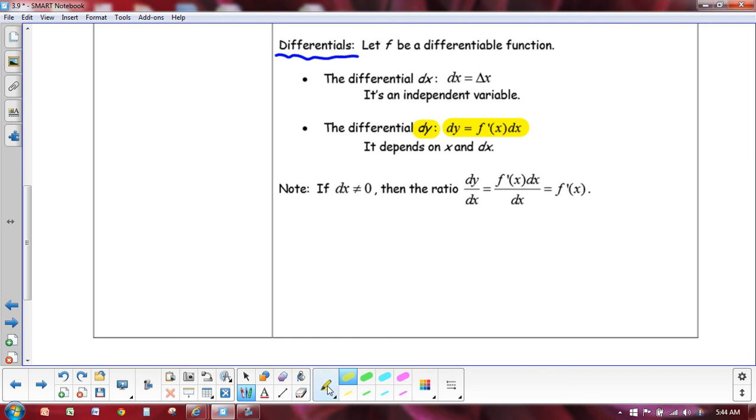A way that I think you'll have an easy time connecting is if we start off with what you guys already know, that dy dx is really f prime of x. That's another way of writing the derivative.